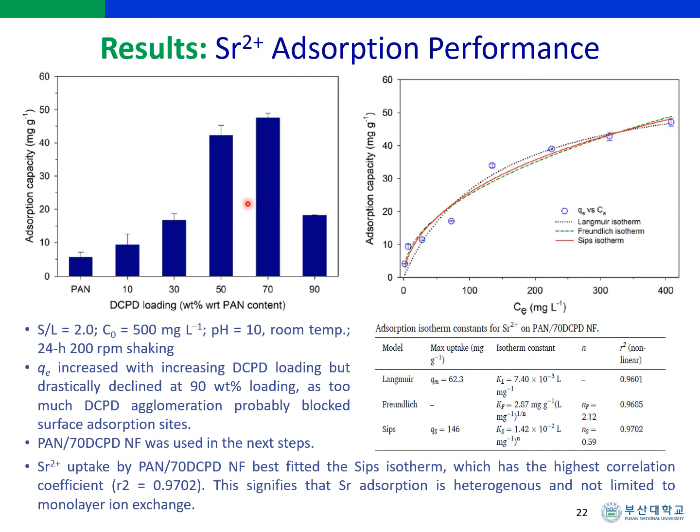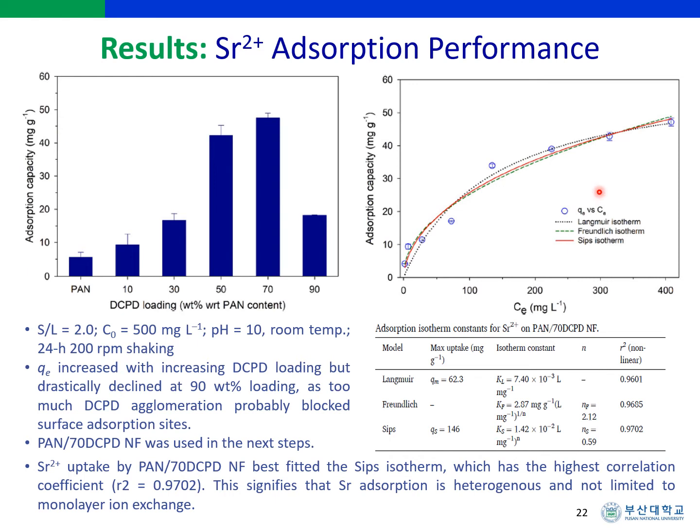PAN-DCPD NF with 78% DCPD loading exhibited the highest ChE of 47.5 mg per gram and was therefore used in the succeeding adsorption experiments.